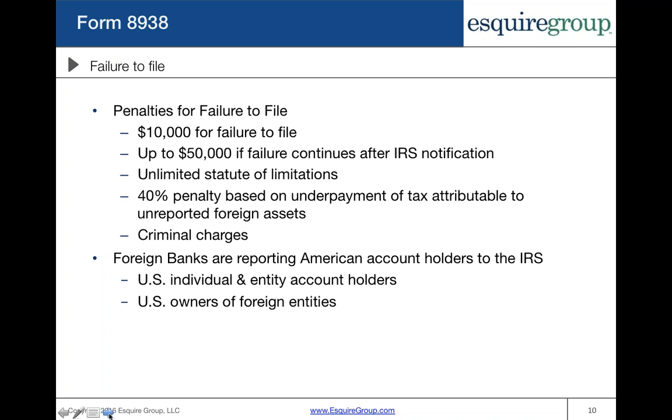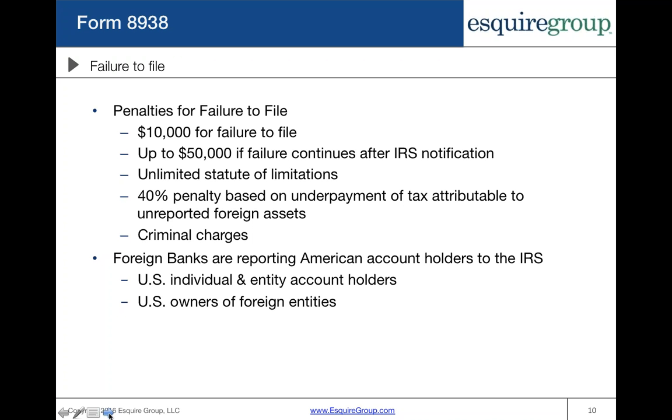The foreign banks are reporting American account holders to the IRS, so on an annual basis, the banks are sending the IRS lists of U.S. account holders along with information regarding their accounts. They're also doing this for certain U.S. owners of foreign entities.